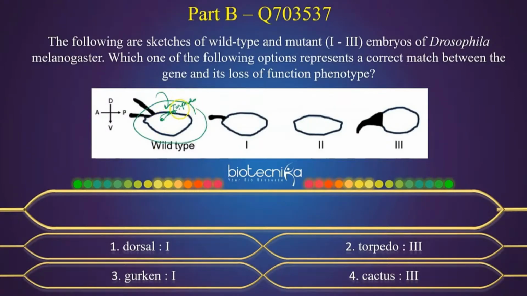Because of that, Pipe protein is not synthesized, and that is why Dorsal protein gets free. Dorsal protein is otherwise not free because Cactus is bound with it, and that is why it cannot enter the nucleus towards the dorsal side.